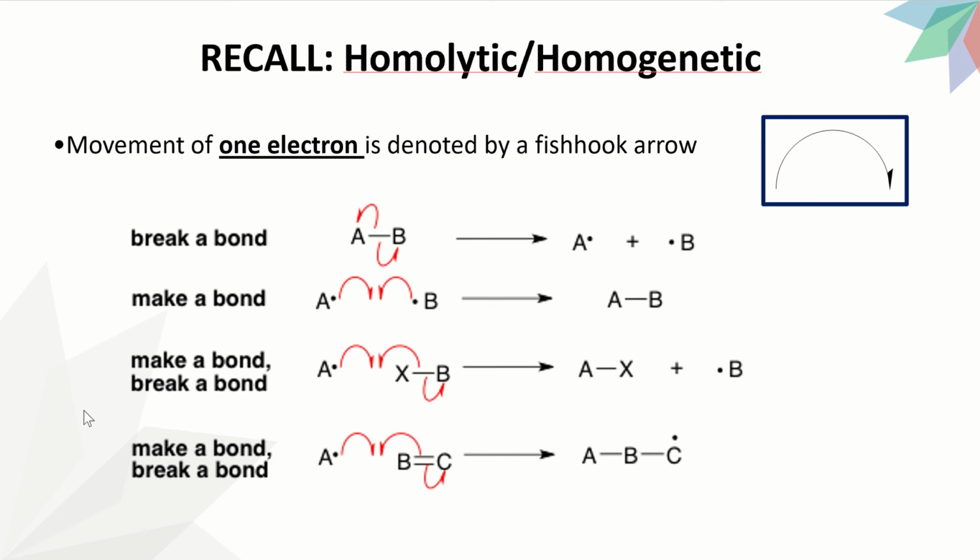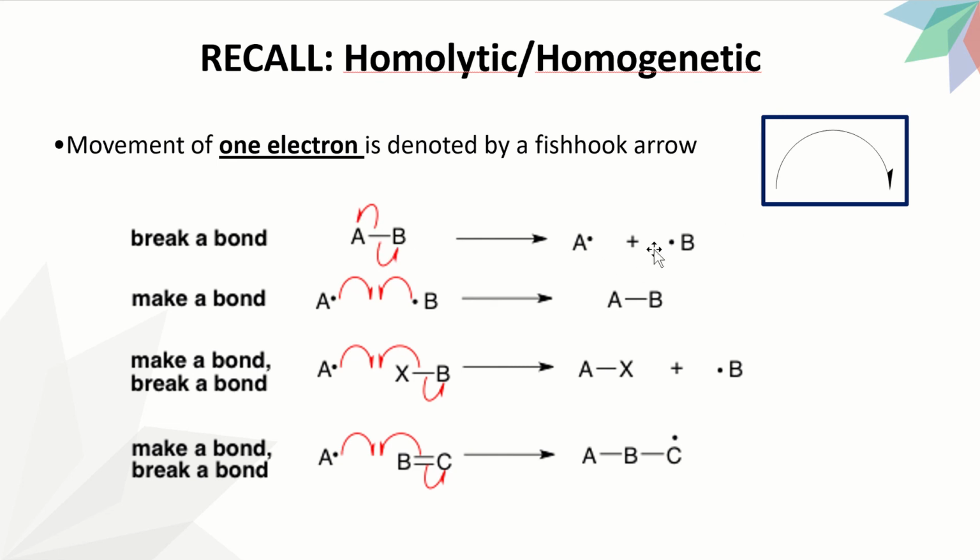The movement of one electron is denoted by a fishhook arrow, so it's just one side of the arrow, as we see here. When a bond breaks, remember the line represents two electrons. So one electron goes to A, the other goes to B.